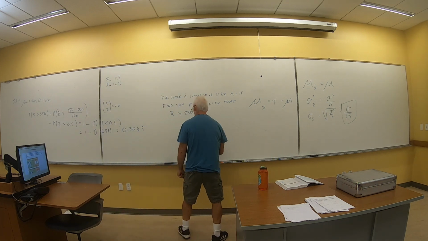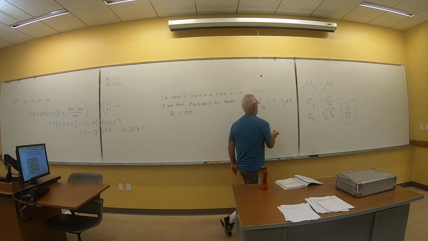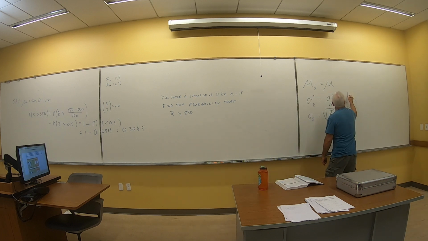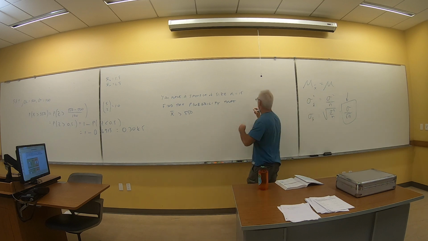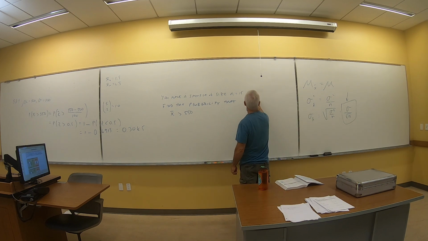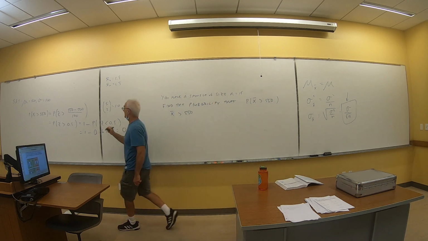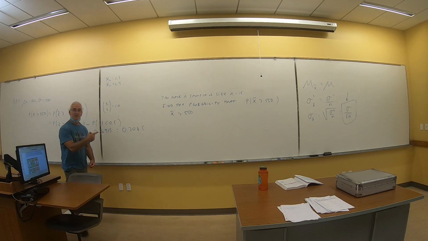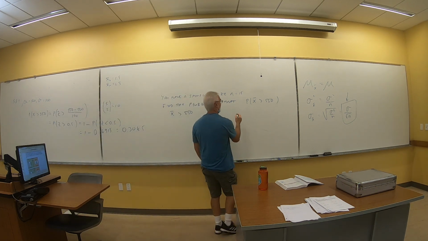So how do I do this? It's going to look almost the same as that problem, except we are going to do that. So now the question is, what's the probability that x bar is greater than 550? This is not the same as this. This is an individual outcome. This is an entire sample. So what's different about this?